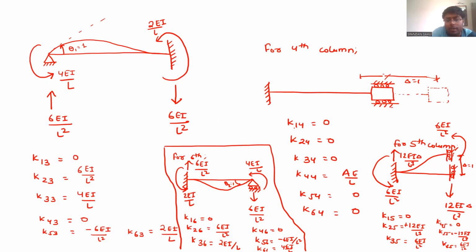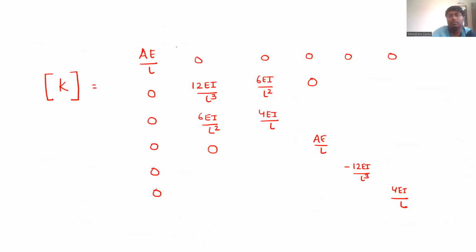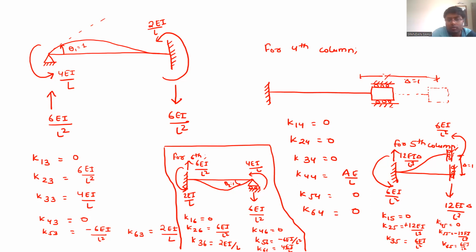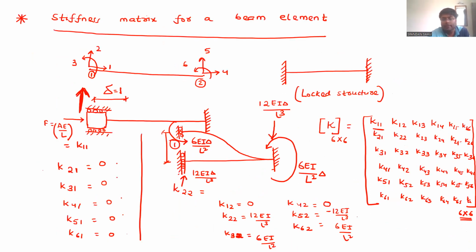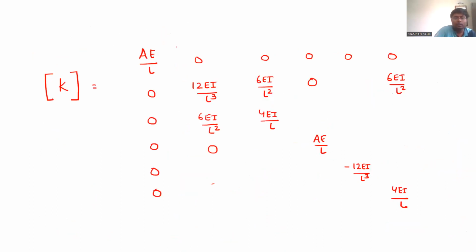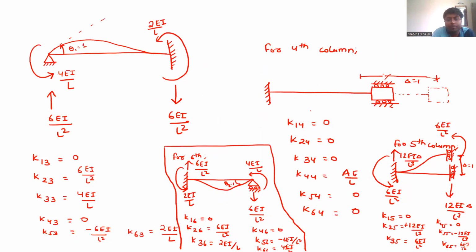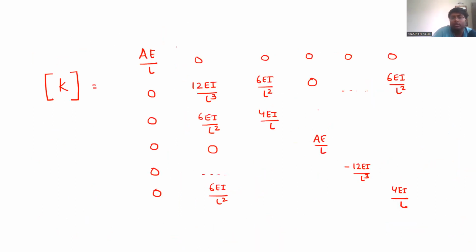K26. What are we getting for K26? 6EI by L square. K62, what are we getting for K62? 6EI upon L square. This we will see after we are complete with every part. K34 is 0. K43 is also 0.